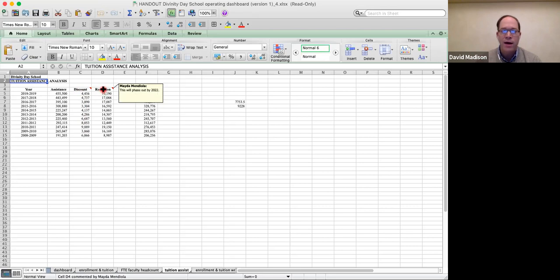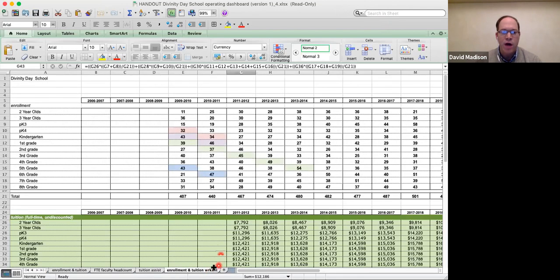And then remission. So if you were offering faculty remission, then that would be in that column as well, for a total calculation of how much assistance they are giving. And then that's just another copy of the enrollment tuition worksheet.